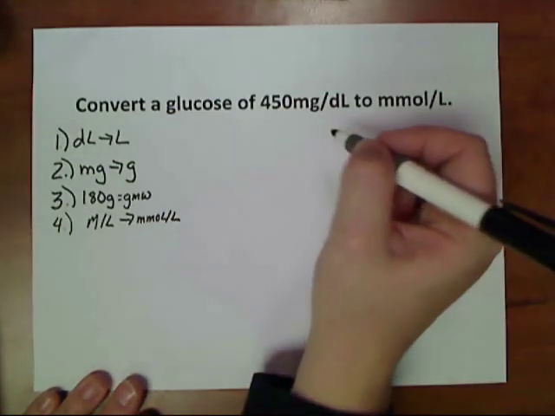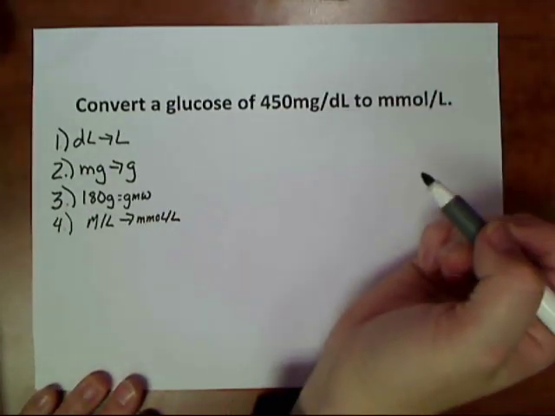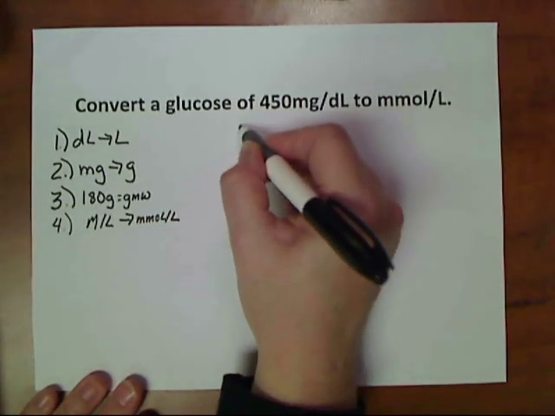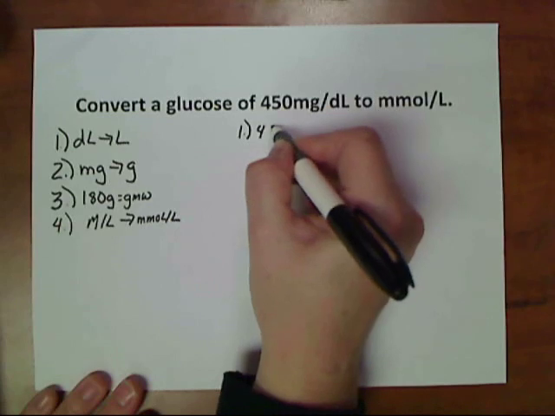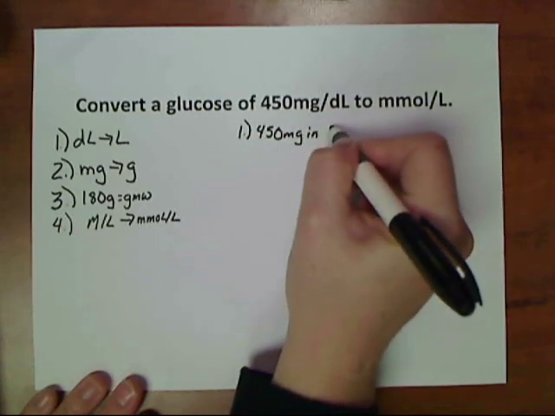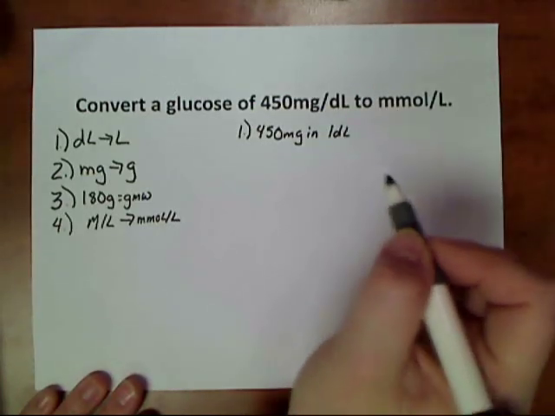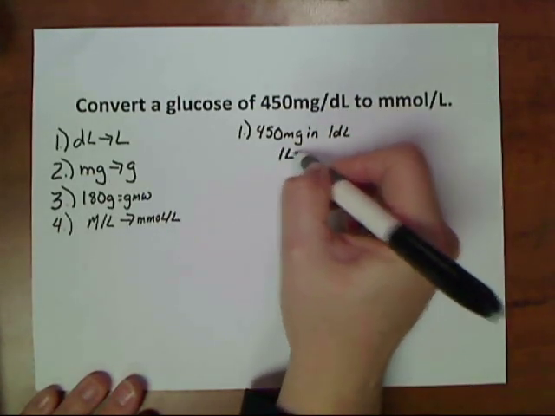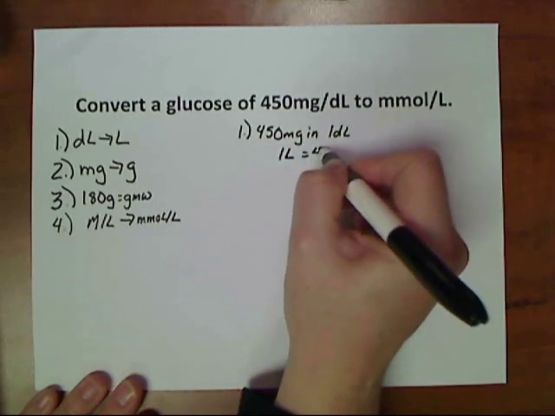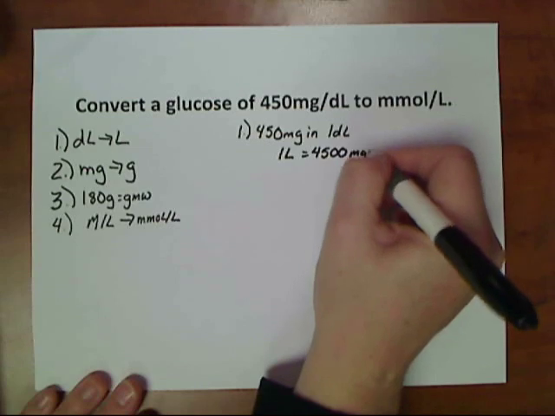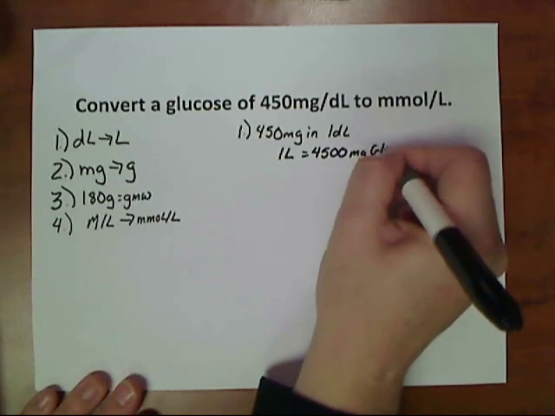Okay, so starting out with the 450 milligrams per deciliter. If there are 450 milligrams in 1 deciliter, then 1 liter would have 4,500 milligrams of glucose.